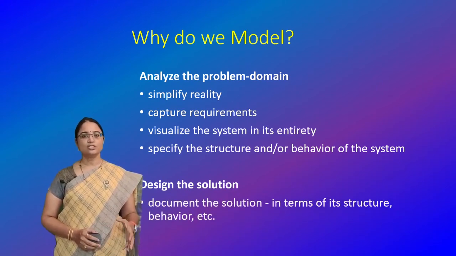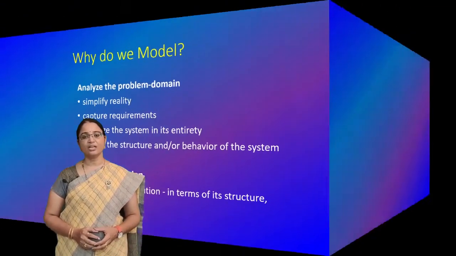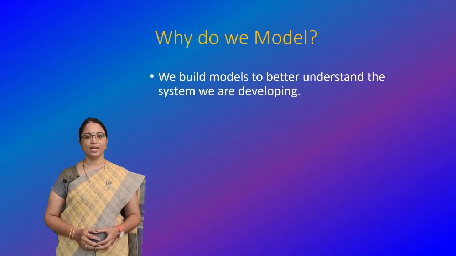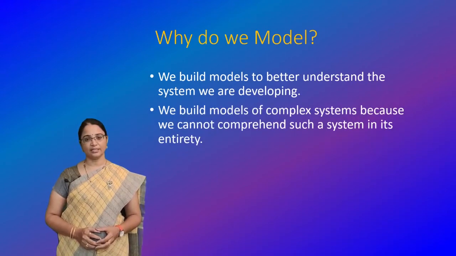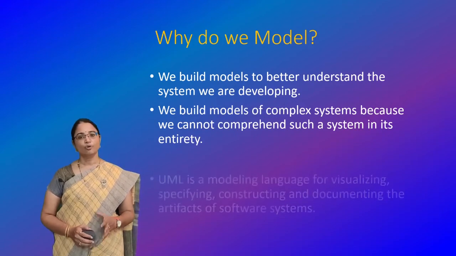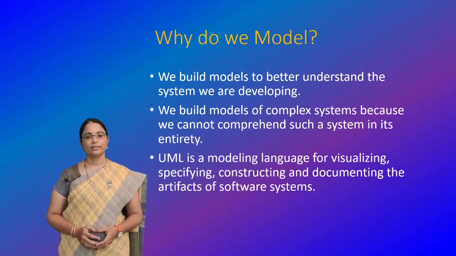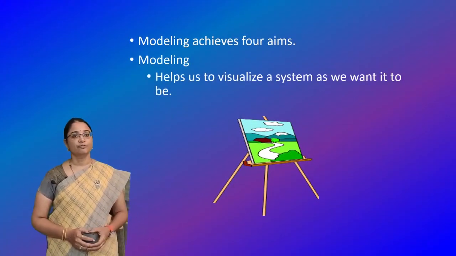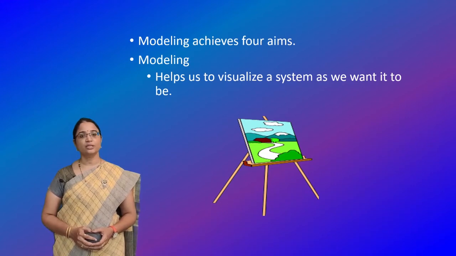We build models to better understand the system we are developing. We build models of complex systems because we cannot comprehend such a system in its entirety. Modeling achieves 4 aims. Modeling helps us to visualize a system as we want it to be.